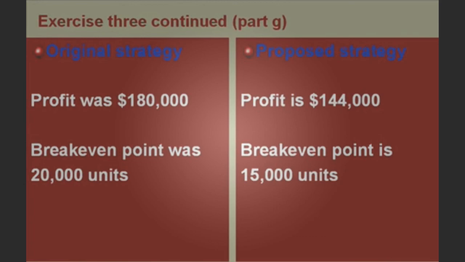But under the previous scenario, the break-even point was 20,000 units. Now it's gone down, it's 15,000 units. So you could make a case that it's a good strategy because the break-even point has declined. So, if you're the boss, would you adopt this strategy or not? Yes or no? Take a few minutes and think about it.